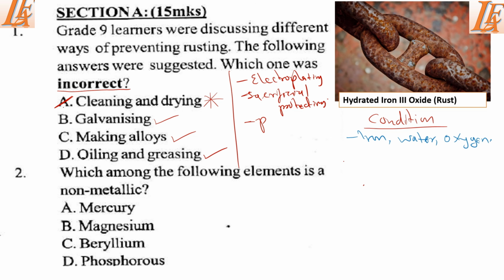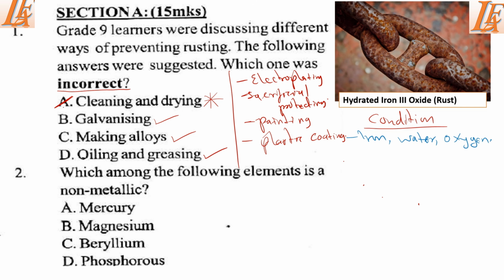Another one is painting. And then of course we have plastic coating. All these methods can be used to prevent rusting, apart from galvanizing, making alloys, and oiling and greasing.